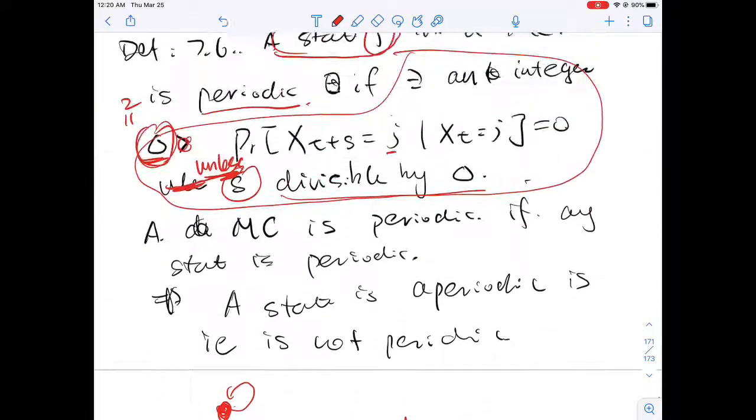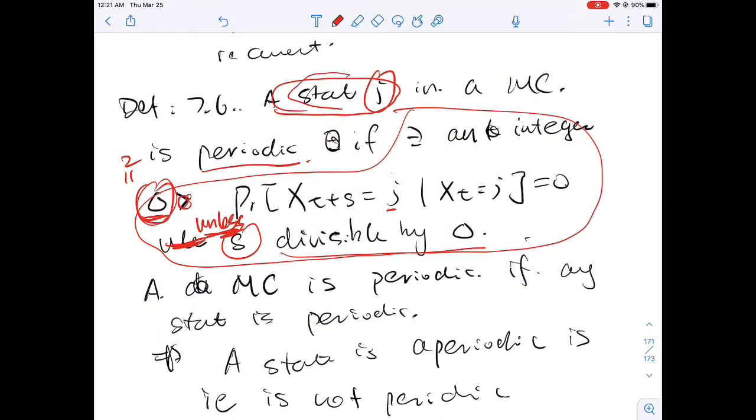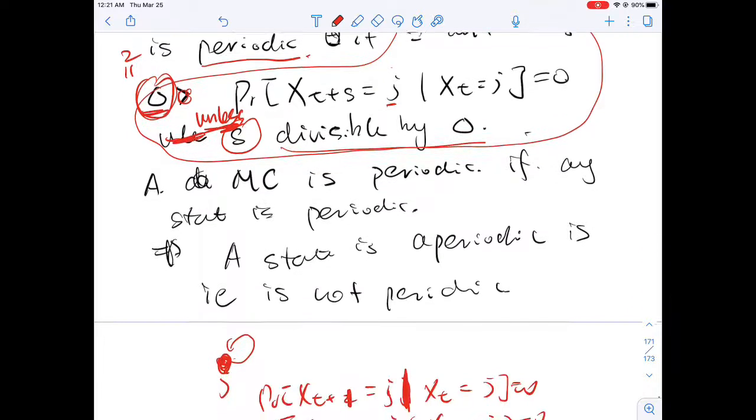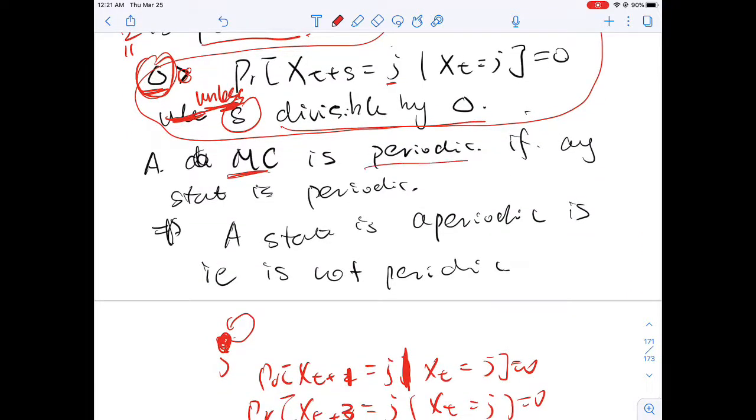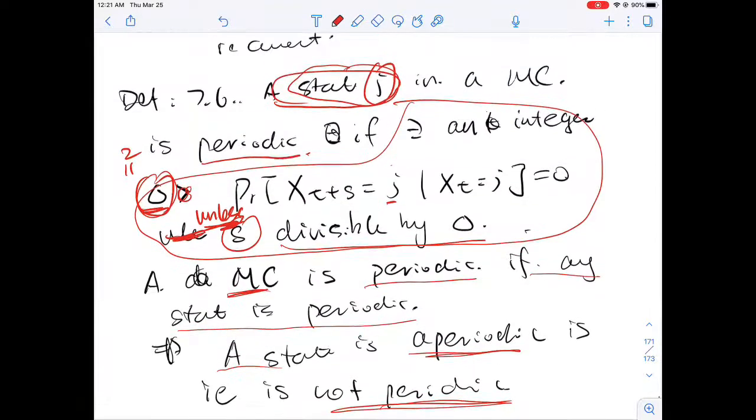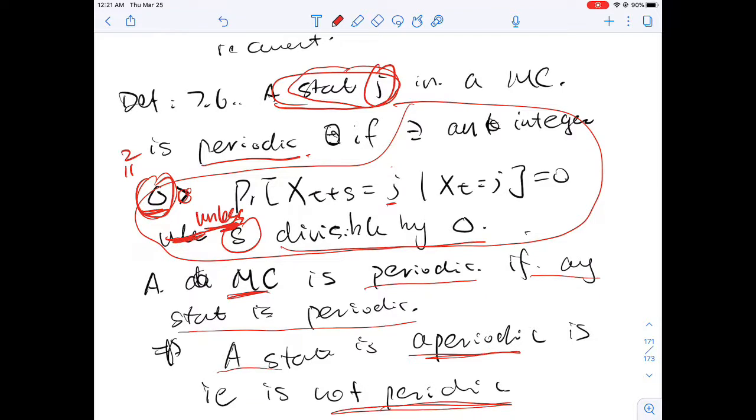So now, after we define a state as periodic, we can also talk about a Markov chain. The entire Markov chain is periodic in case any state is periodic. And eventually, we can also say that a state is aperiodic if it's not periodic. This definition is really just that when a Markov chain is periodic, it behaves funny, and this is usually the case we don't want to handle.